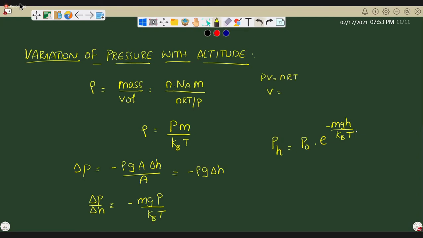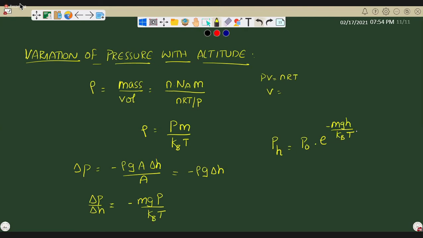Understand? Clear? So we integrated this, sir? From this step to that step, we integrated.